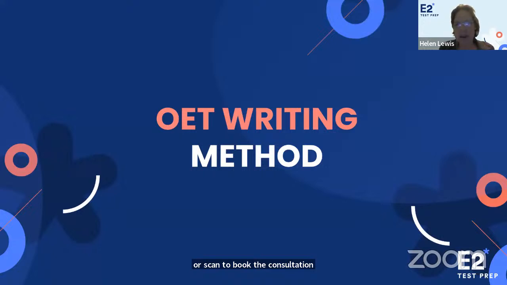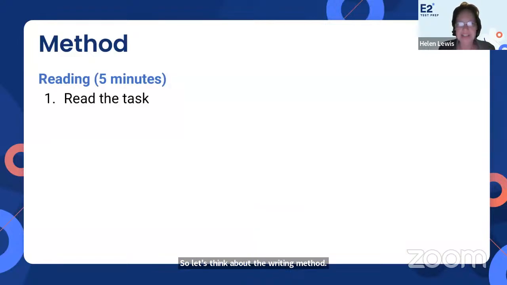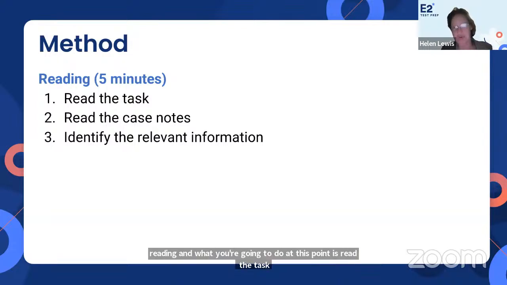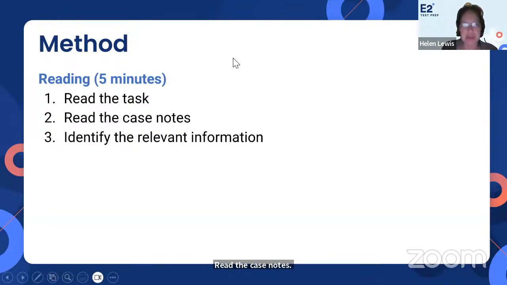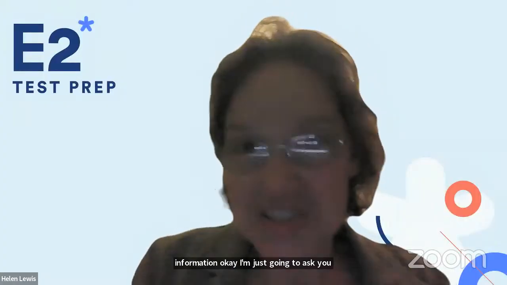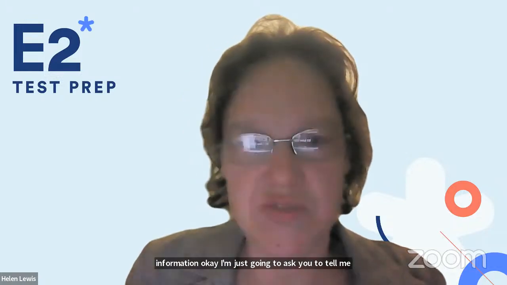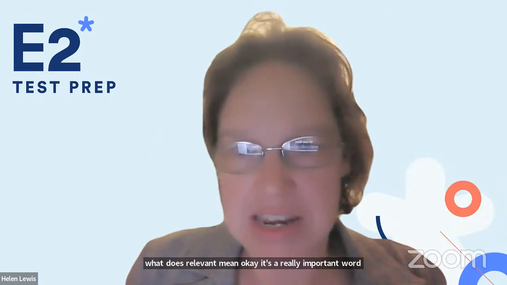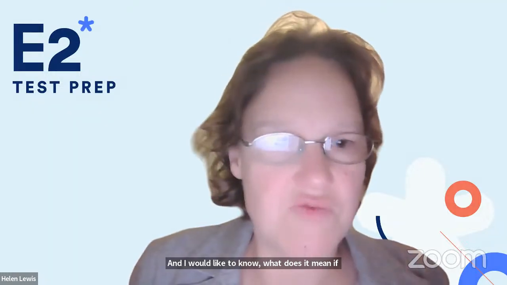So let's think about the writing method. As you know, you've got 5 minutes for reading. At this point, you're going to read the task, read the case notes, and identify the relevant information. I'm just going to ask you to tell me, what does relevant mean? It's a really important word, and I would like to know, what does it mean if we say something is relevant?